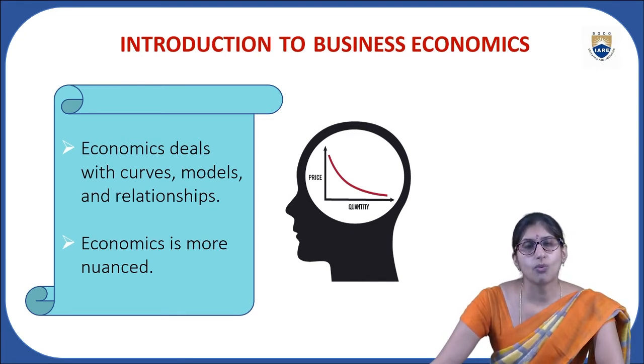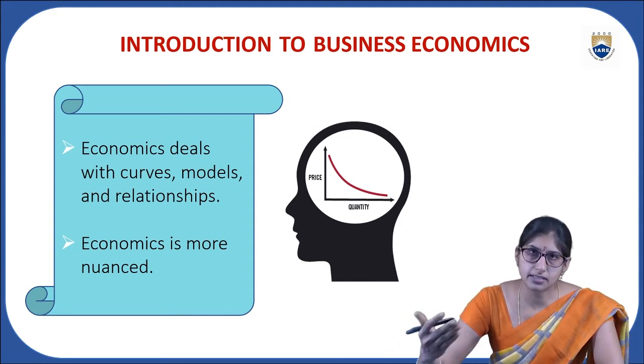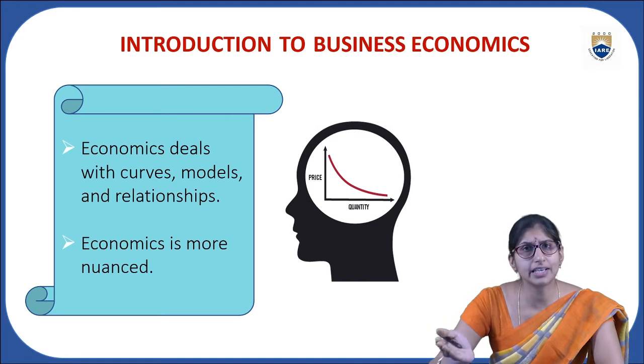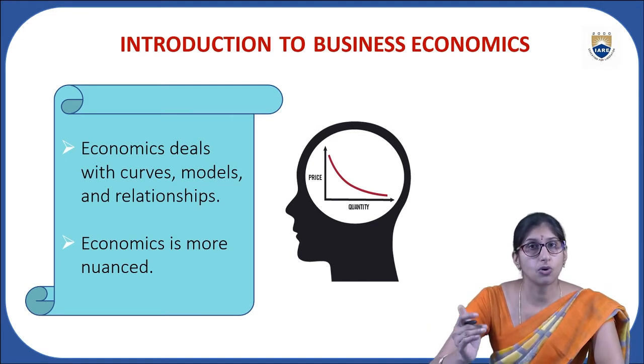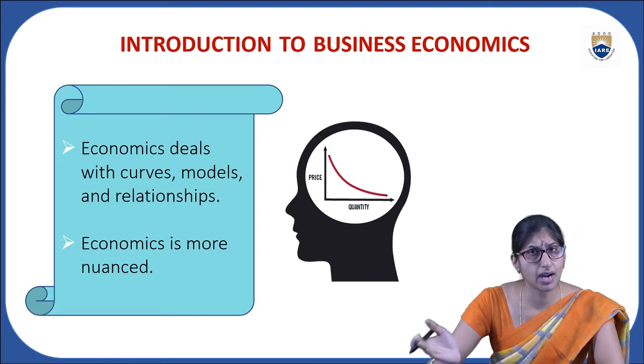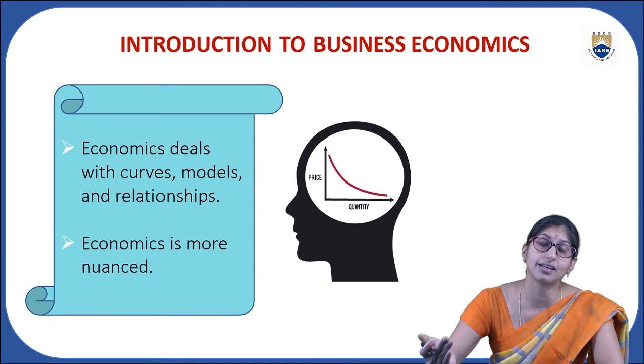When the price increases, what happens to demand? If price is increasing, demand obviously gets reduced, right? If price is increasing, demand is decreasing. If price is decreasing, demand is going to increase.